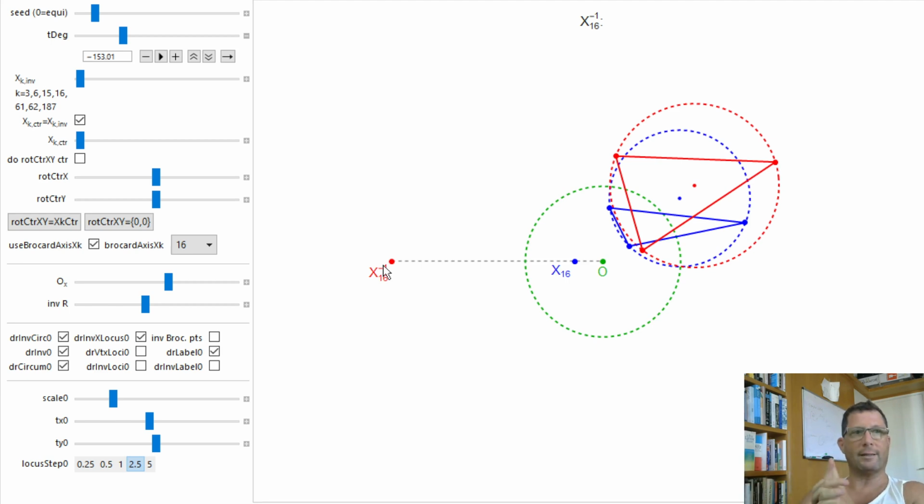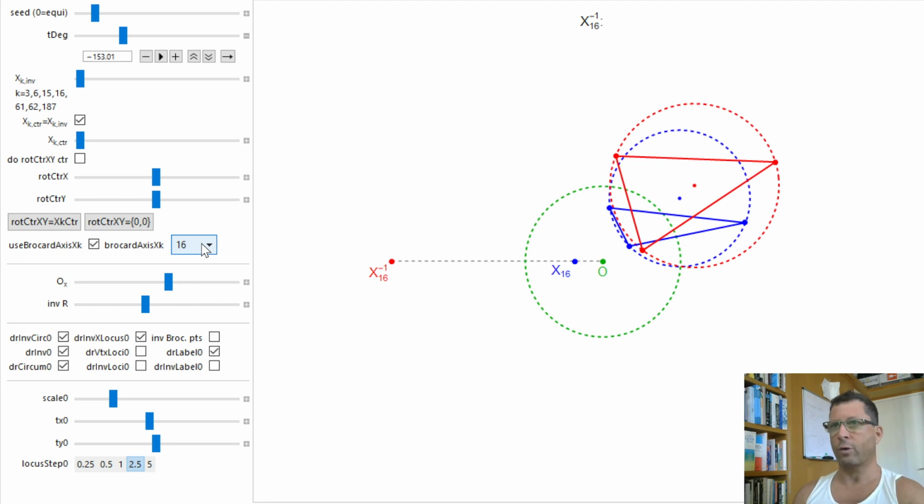So now let's look at a set of phenomena similar to X15 and X16, but involving another point, X61, also on the Brocard axis. All these points, the symmedian, first isodynamic, second isodynamic, and now X61 and X62, which we're going to cover in this video, are special points on the Brocard axis, which have interesting phenomena with respect to this kind of pivoting experiment.